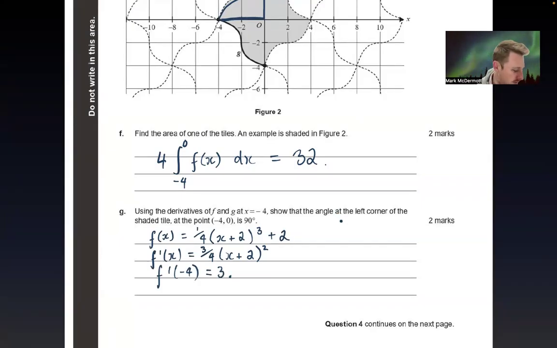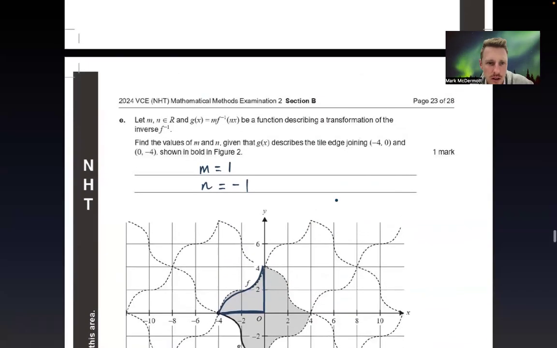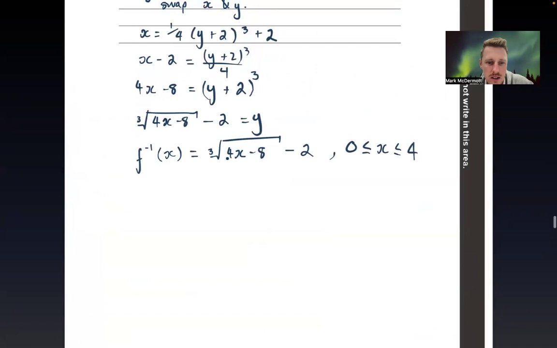Okay, g. Let's remind ourselves what g of x is. g of x is the inverse of f reflected in the y-axis. So g of x is this, but with -x.